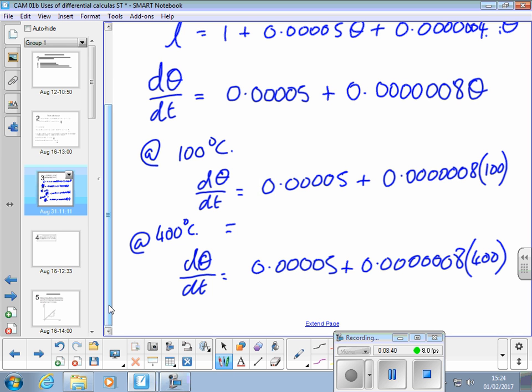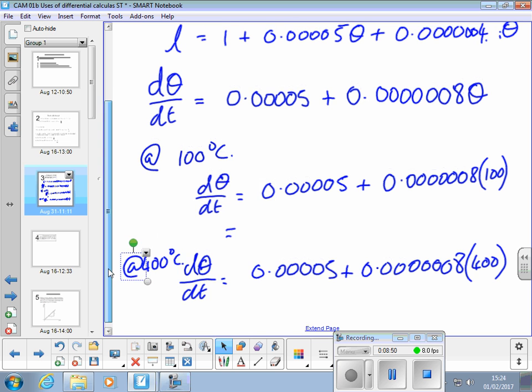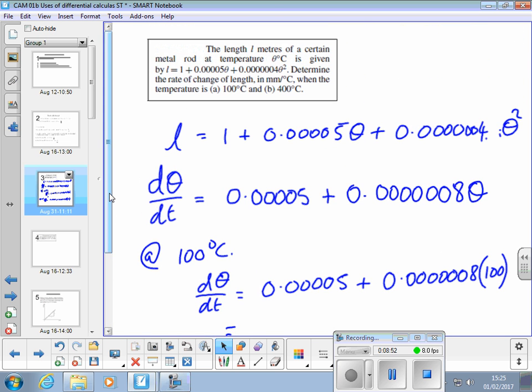What's the answer to this first one? Have you noticed it? The question says the length in, the information says the length in meters. That's why there are these really tiny numbers in the function, because the unit there is meters.